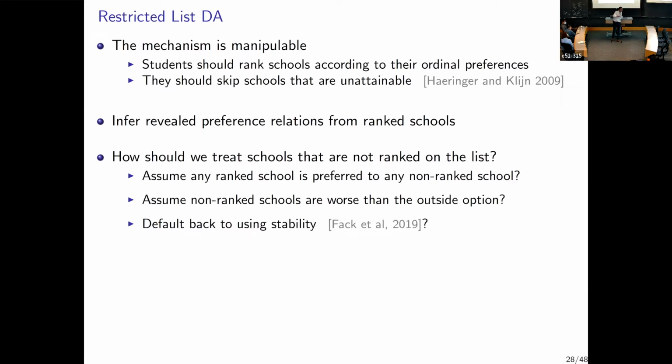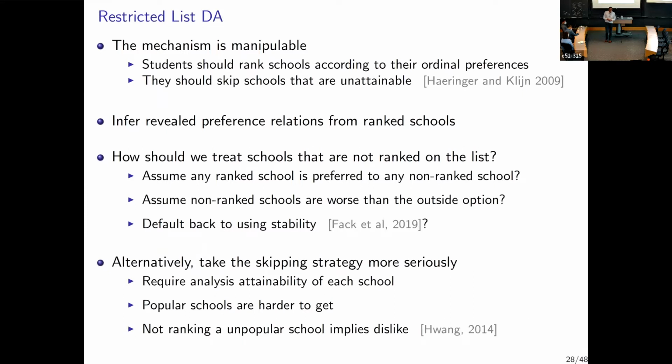So forget that you see the reports, just go back to stability and use the formulation that we got for stability. Now, the key thing is that in this case, because you see the rank order list, you see the cutoffs. So you can basically get the cutoffs back. Okay, so you can basically have the cutoffs and have stability.